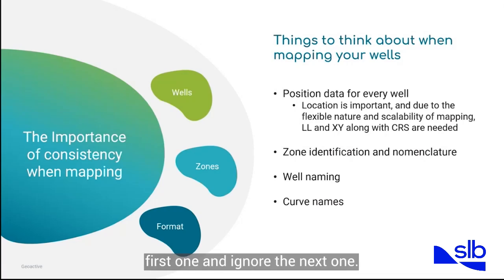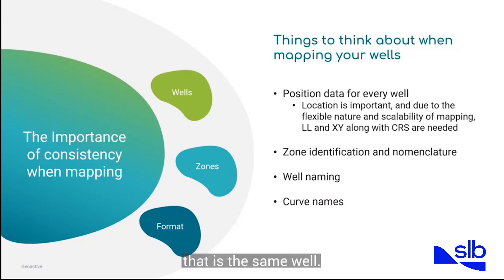So it's going to bring in that first one and ignore the next one. So what you need to do, again, data management from your wells' point of view, is understand, oh, that's actually a sidetrack, so I'm going to put an S on the end of this. Or that is the same well. Why did I separate them out? Can I merge them back together and have one well? Or that's okay, I just need that set of data.